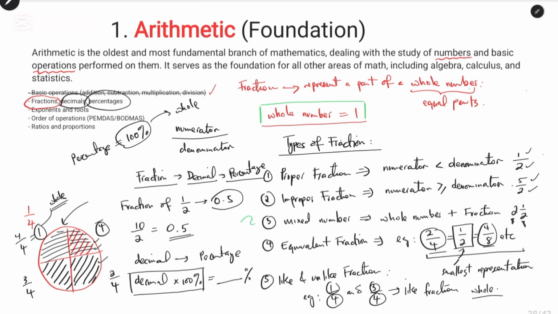In that case, if we multiply the decimal 0.5 times 100%, we will get 50%. So this 50% represents half of a whole. So the whole is 100 in percentage and 0.5 in decimal, and 1 on 2 represents the fraction.